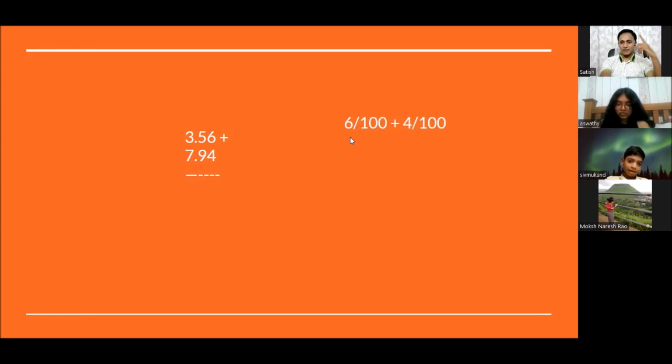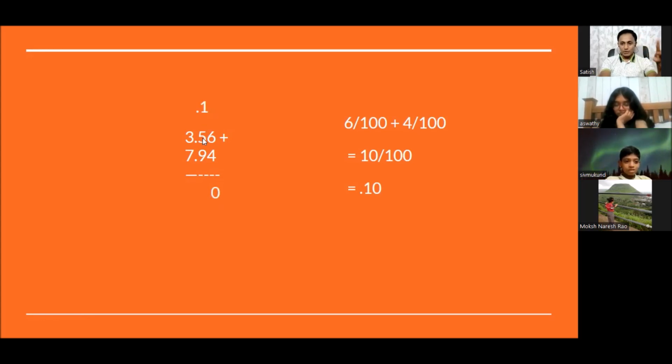6 by 100 plus 4 by 100. So you get 10 by 100. What is the value of 10 by 100? 0.10, right? That is 0.1. So you again put 0 here, and this 1 goes here.